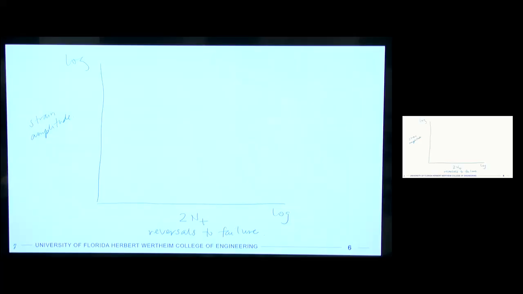Then we had kind of a slope that we could draw, right? That's what we had on the prior plot. But when we get out to lower strain amplitudes, we find that that slope is lower. Right, so it's something out here. And so how can we sort of put this together into something that we understand?